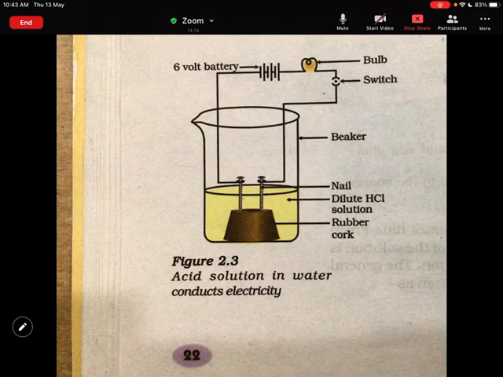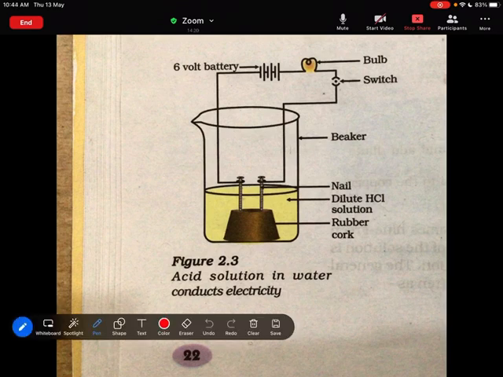Look at this experiment. Here, an iron nail, another iron nail, they are connected through this wire. One 6-volt battery is fitted, a bulb is fitted, a switch is there, and another wire.